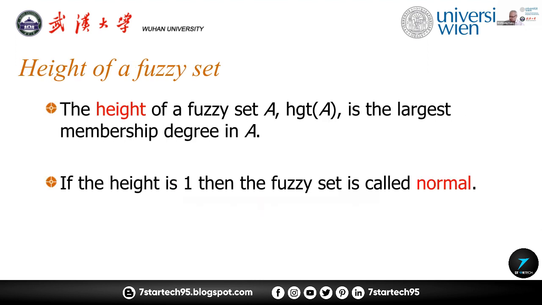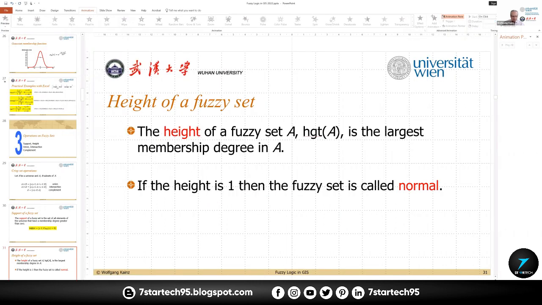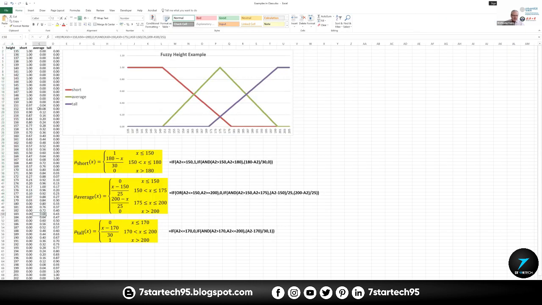Now, what is the height? The height of a fuzzy set. The height of a fuzzy set is the largest membership degree in the fuzzy set. If we have a height of 1, then we call a fuzzy set a normal fuzzy set. Now again, let me jump back to our example here, and let's stay with the class short.